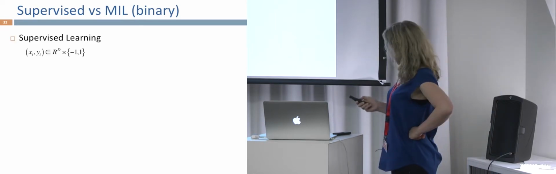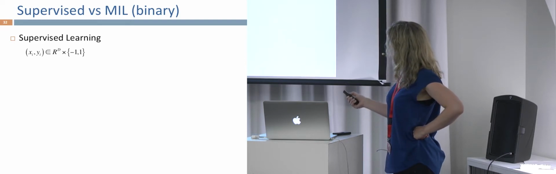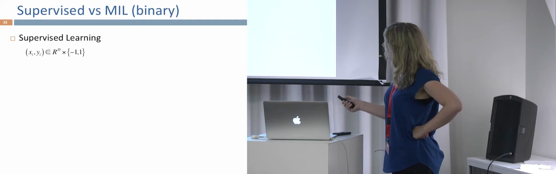Just to make things a little bit more formal, in traditional supervised learning we have training examples x_i, y_i, where x_i is a feature vector that describes the image, in some d-dimensional space, and y_i is the label, which can be -1 or +1.